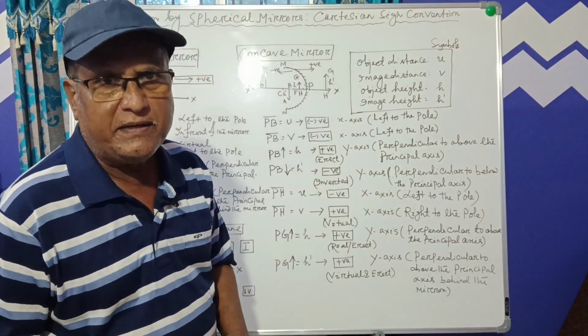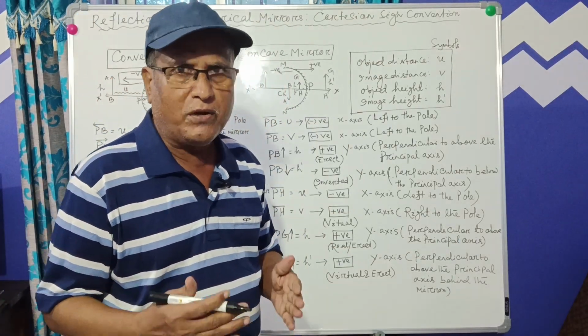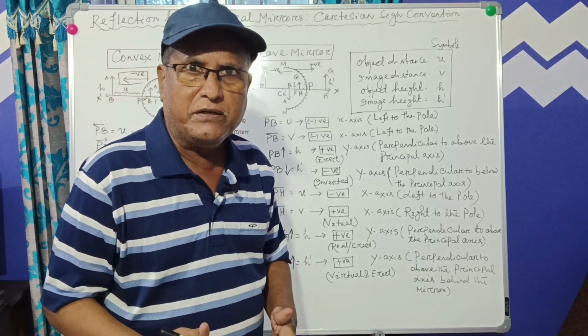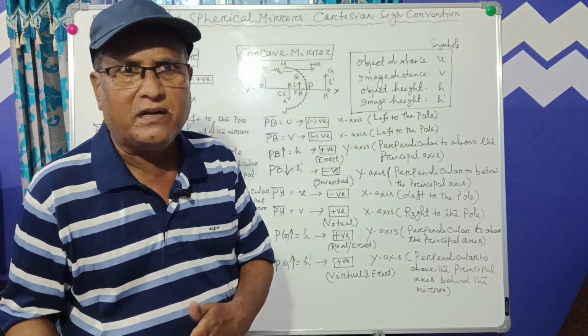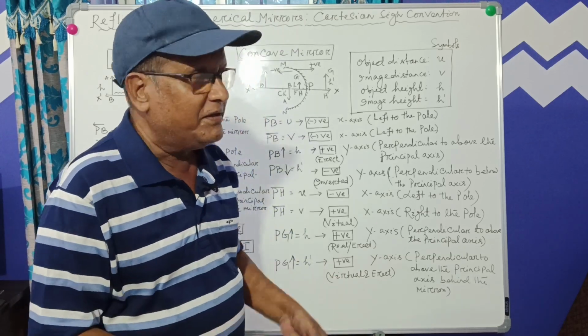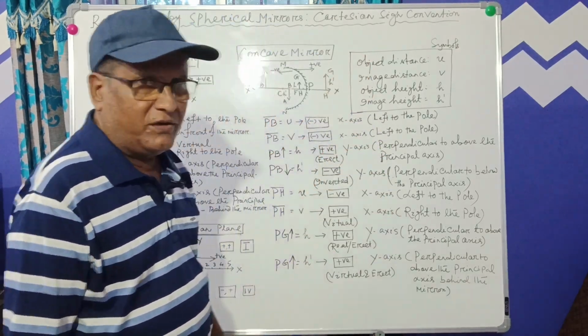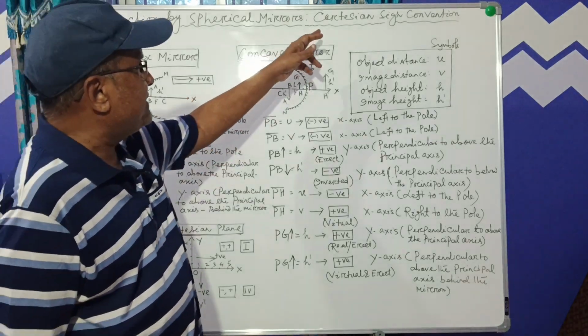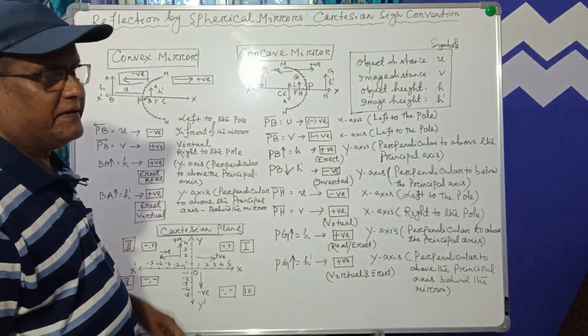What type of sign, plus or minus, do we use to measure the object distance, the image distance, object height, and image height? So we shall discuss. Now let us come to the Cartesian sign.